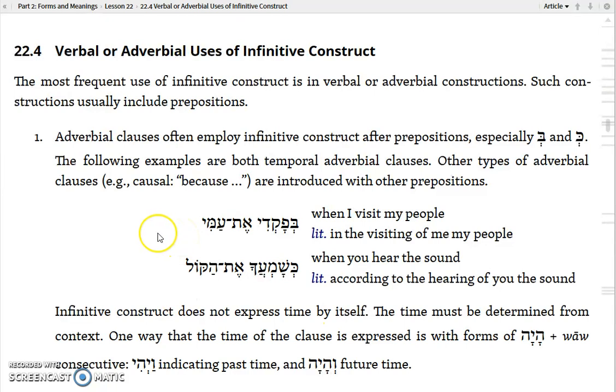The most frequent use of the infinitive construct is in verbal or adverbial constructions. Such constructions usually include prepositions. Note the word usually, that means there are exceptions. Adverbial clauses often employ the infinitive construct after the preposition ba or ka. And here are some examples.